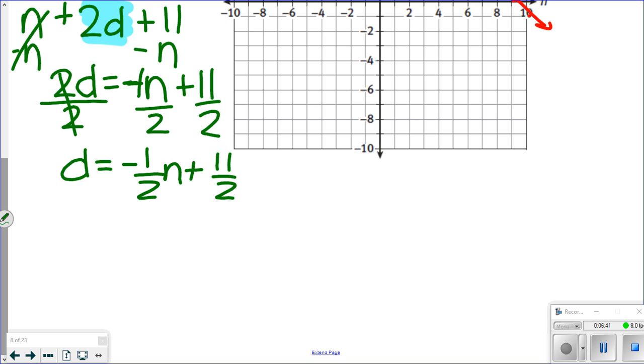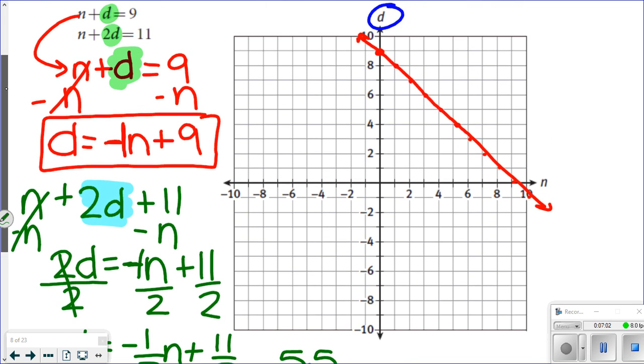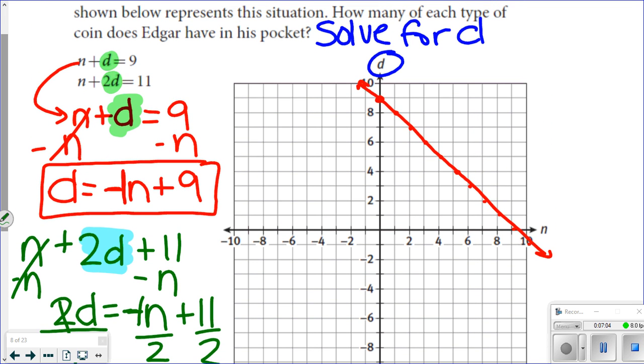What is 11 over 2 as a decimal? Where would I graph that on my number line? 11 divided by 2 is 5.5. So this graph is a little tricky. Let's go up to 5.5.